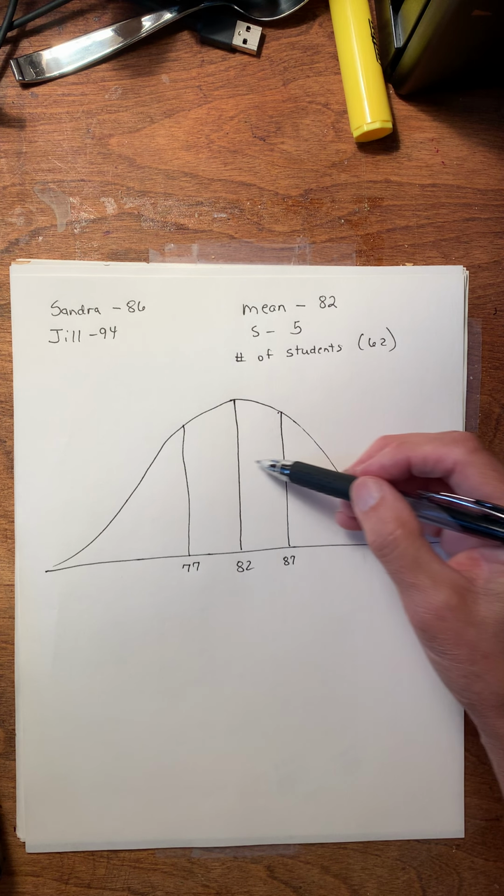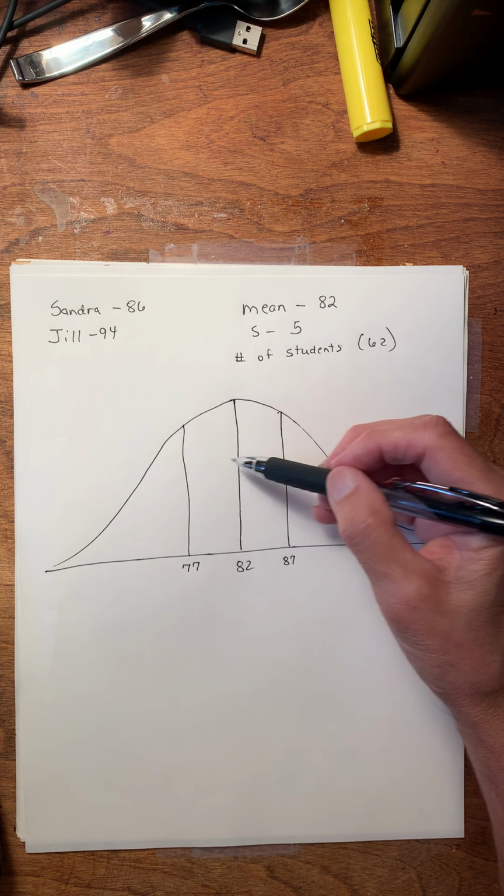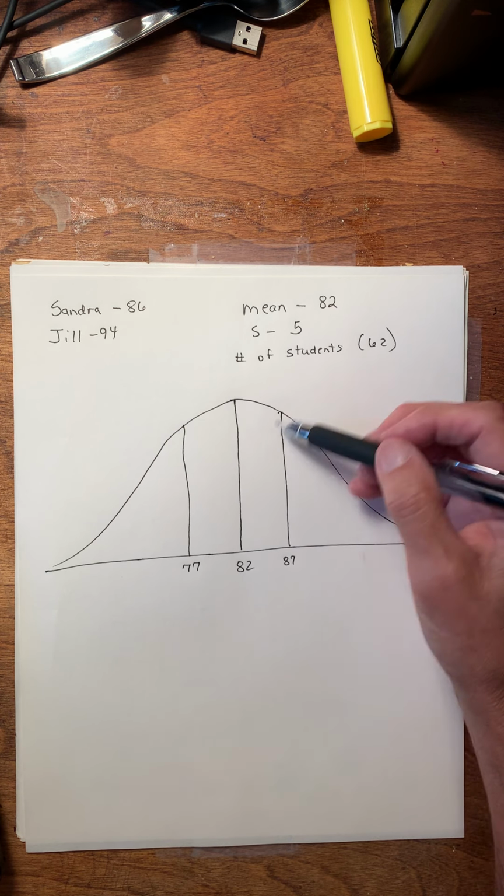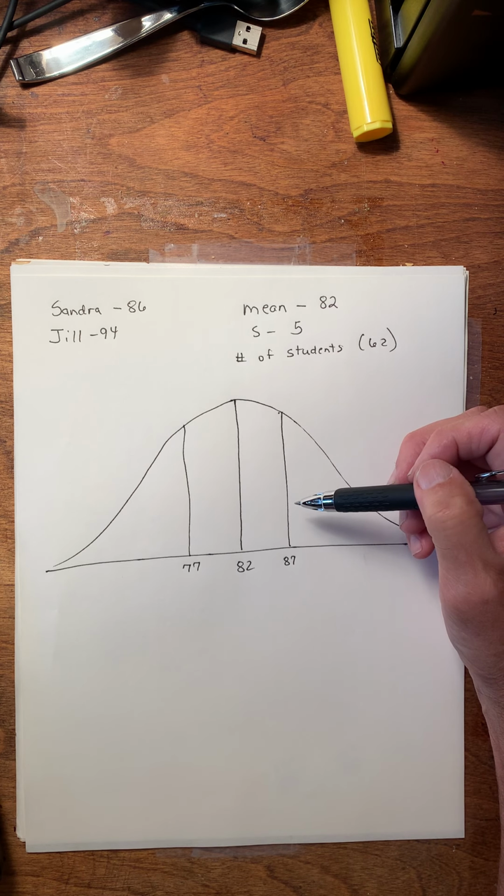So between one standard deviation below and above the mean, this is 68% of all the grades. This is the majority of the grades right here.